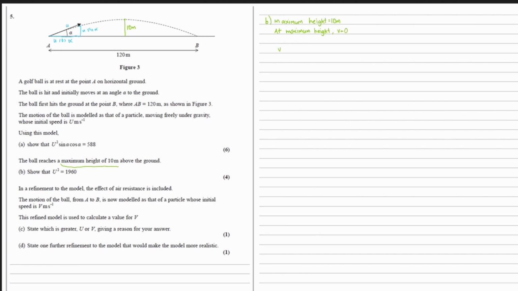We therefore have to write new values for our suvat for the vertical motion. Our s is now going to be 10. Our u remains u sine alpha. Our v is 0 because it is at maximum height, and our acceleration is negative 9.8.